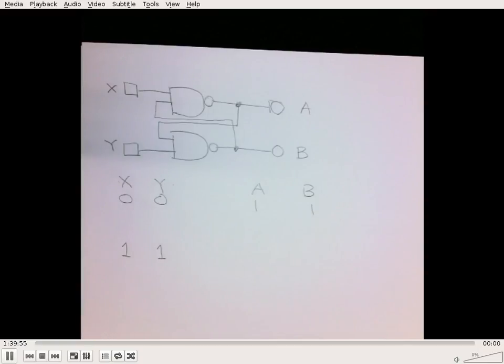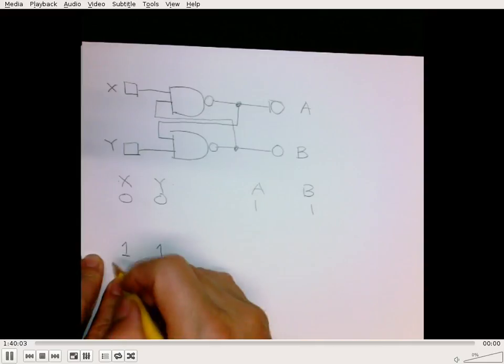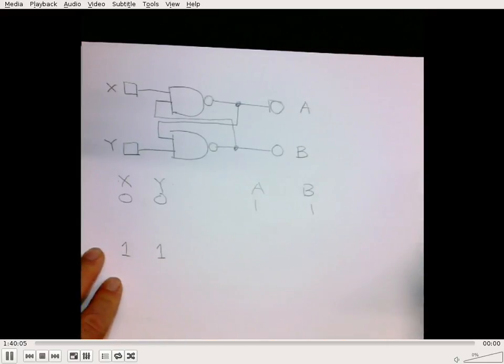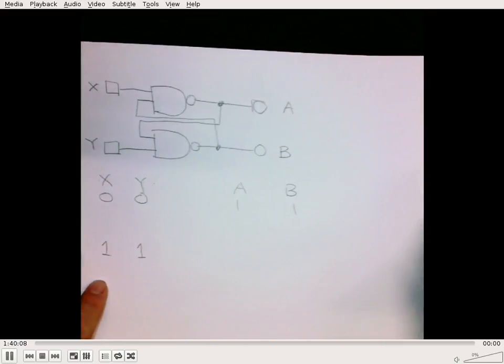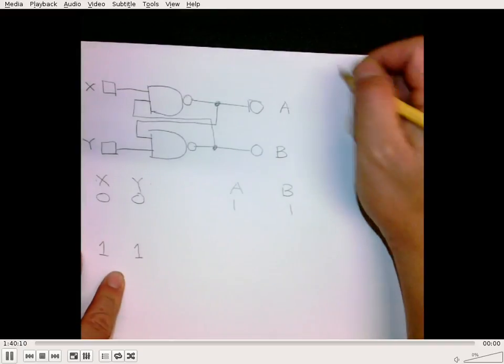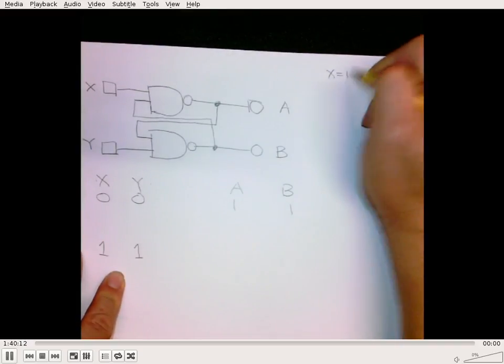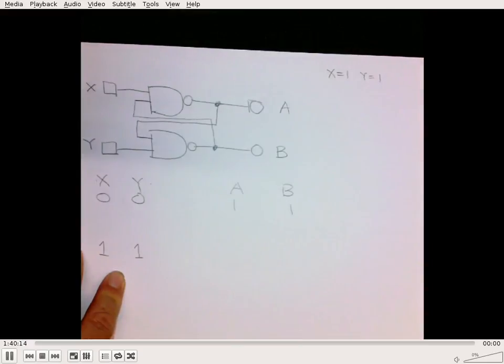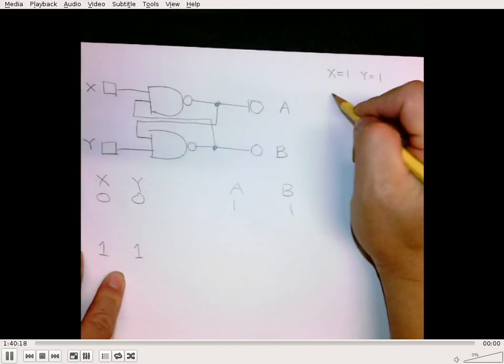But there are states it cannot be in. Which ones are those? Let's take a look at this particular configuration, where X and Y are both 1s. Let me slide this over and put a new table here. Assuming X is 1 and Y is 1, the question is what's going to happen to A and B?